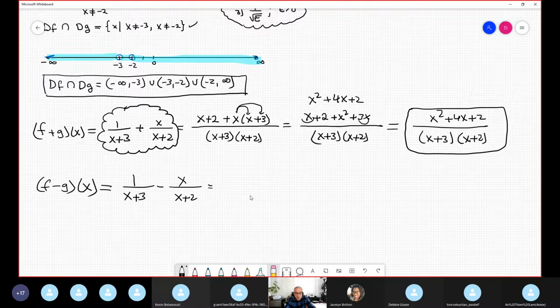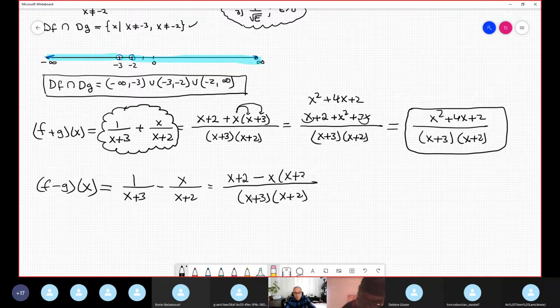If you want to condense completely, it's optional, you put the least common denominator: x plus 2 again, minus, in this case, x times x plus 3. Apply the distributive property one more time, and combine later.